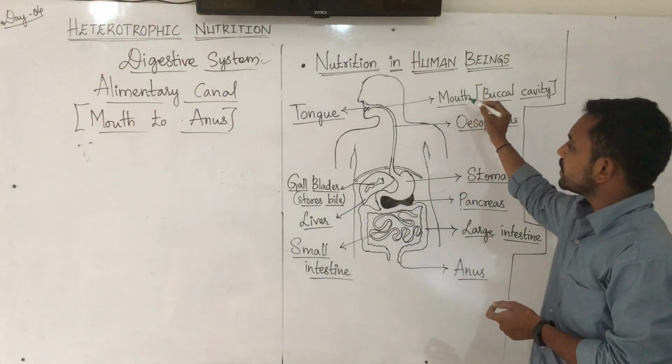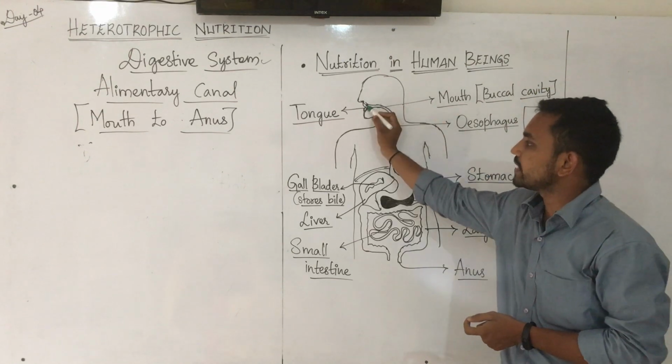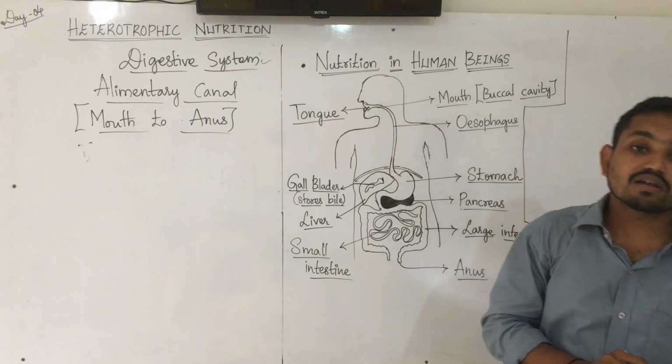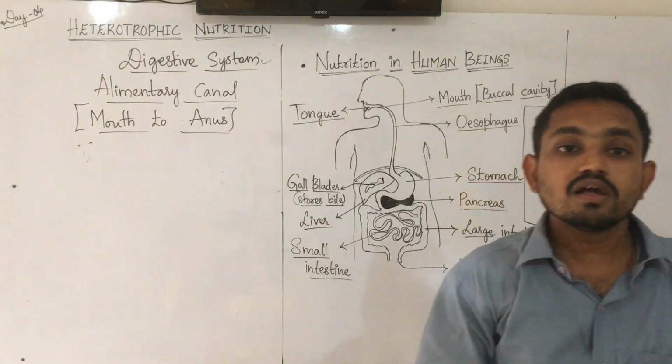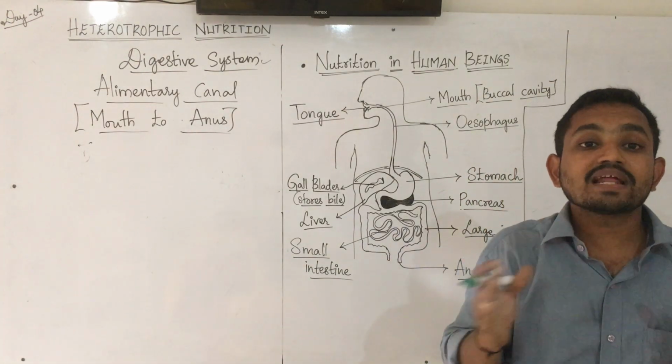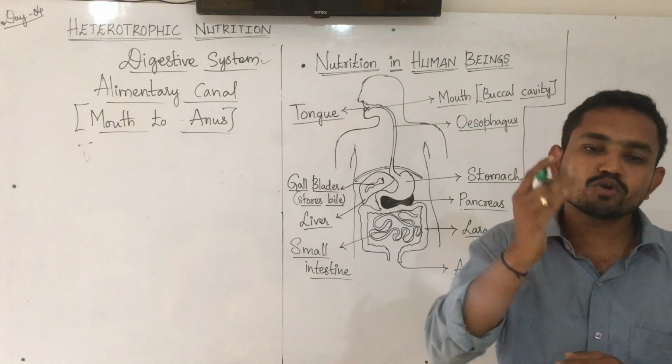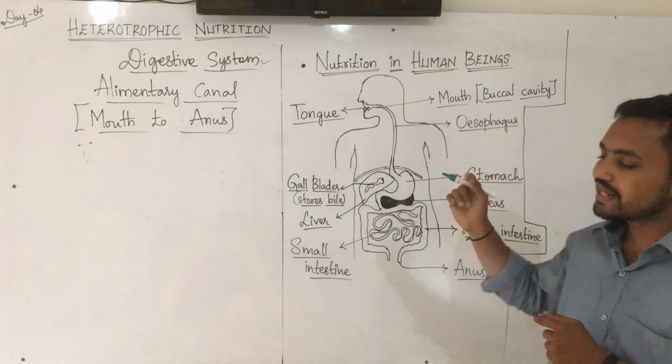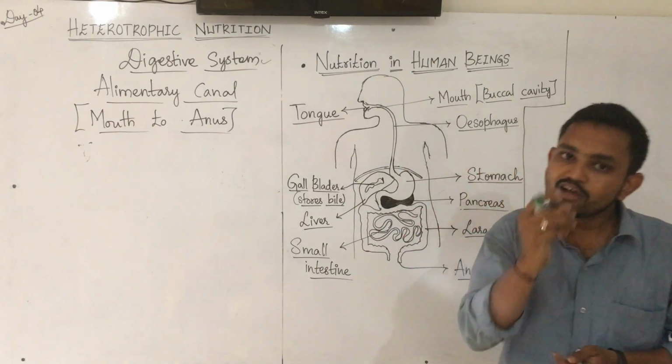So the mouth consists of the buccal cavity. Inside we are going to see teeth. What purpose do teeth serve? Whenever we take food, it has to be broken down into simpler substances, and the teeth help to break the food.